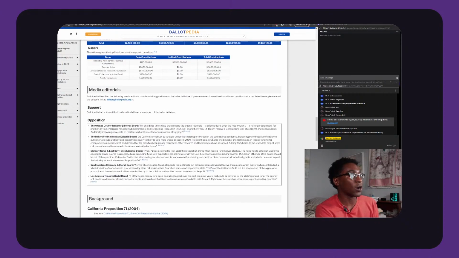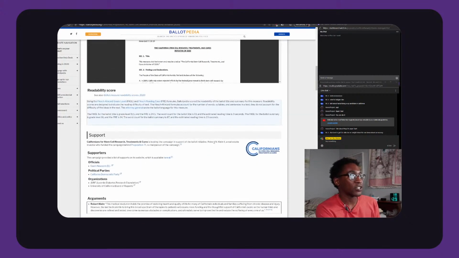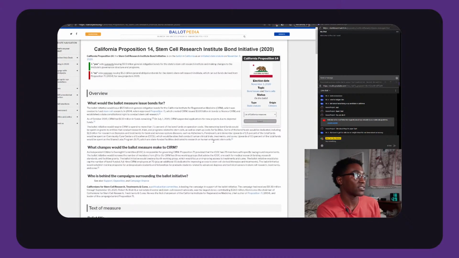And at least from some of what I was reading, there's a little bit of issues with accountability and management at the California Institute for Regenerative Medicine. That doesn't mean, you can have mismanagement and things can go wrong anywhere.